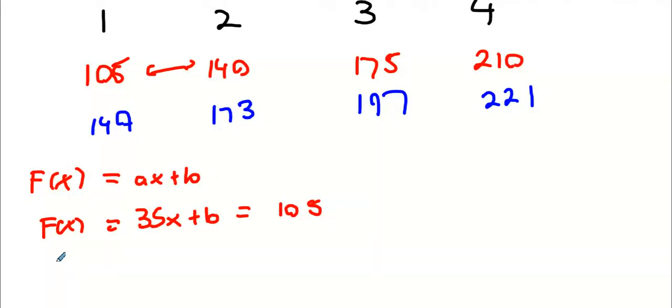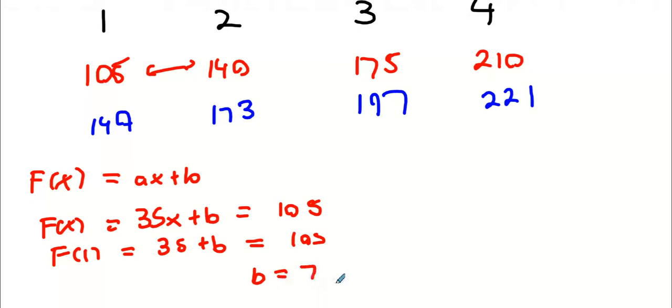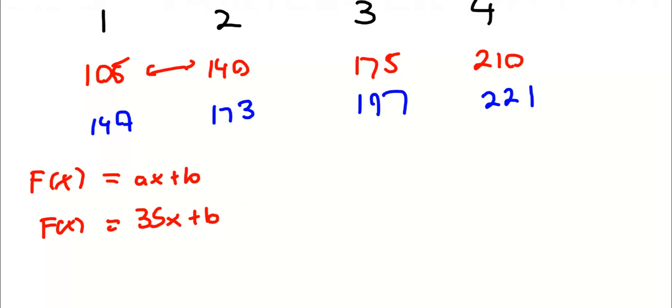Sorry, f1 equals 105. So f1 equals 35 plus b equals 105. Therefore, b must equal. Are we happy with b equals 70? Okay. Now that we know that b equals 70, what we can say here is that it's 35x plus 70.